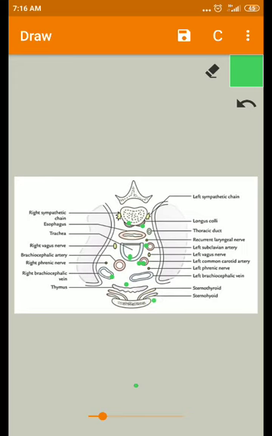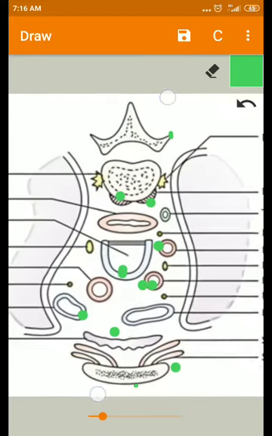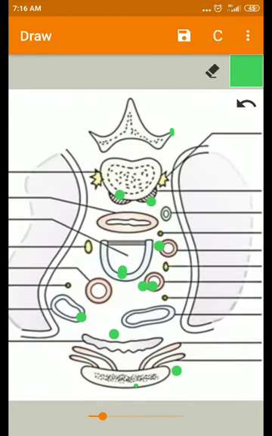Okay, these two muscles originate from the posterior aspect of the manubrium sterni. So these are the structures passing through the superior mediastinum, and you have to note an important thing.